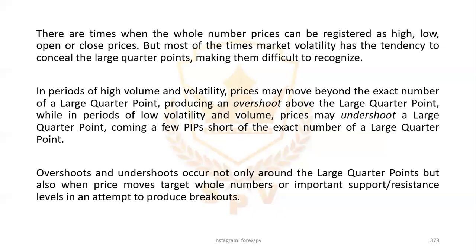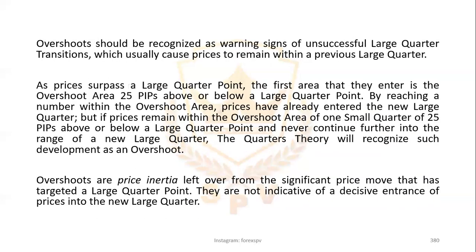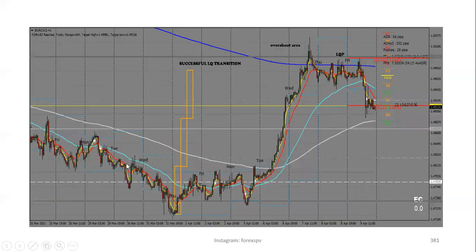In times of high volume and high volatility, you would see price moving a few pips beyond the exact number of the large quarter point, and it will produce what we call an overshoot area above the large quarter point. And in times of low volatility, price tends to come a few pips short of completion of the large quarter. This produces what we call an undershoot area.